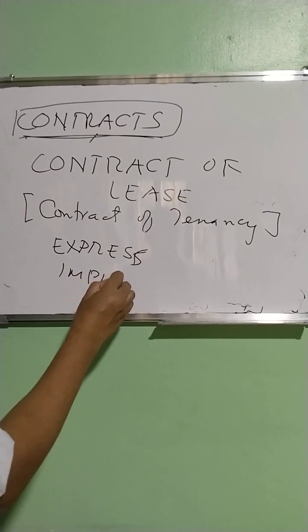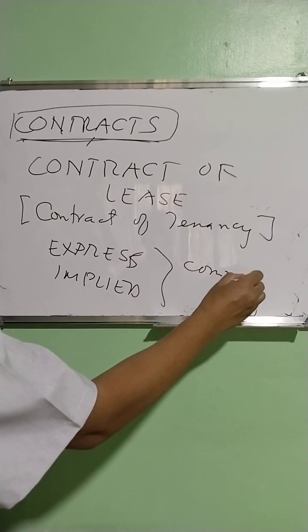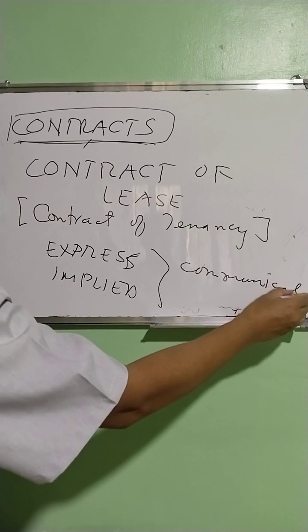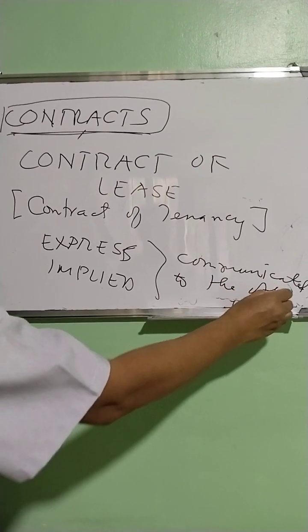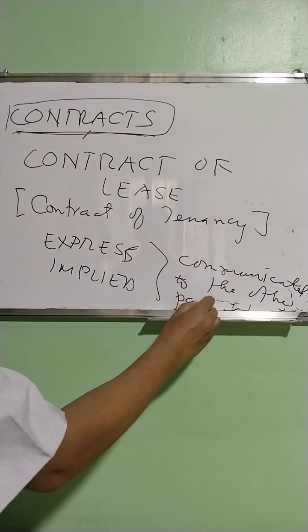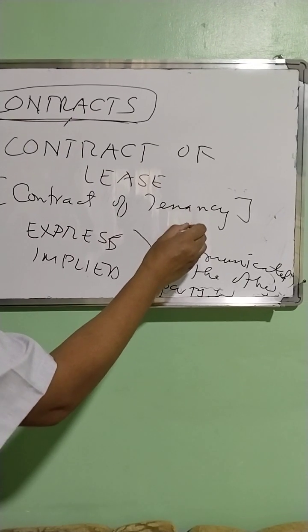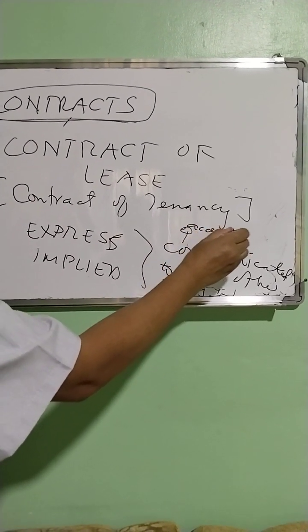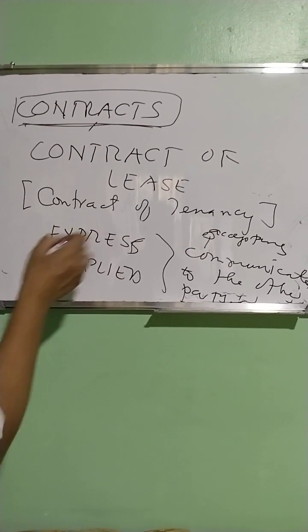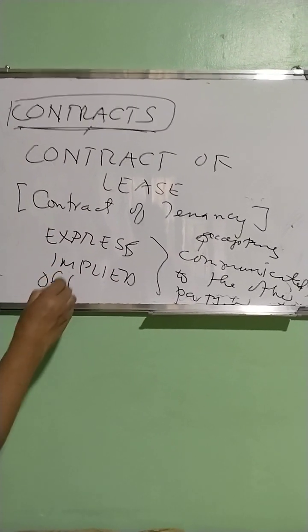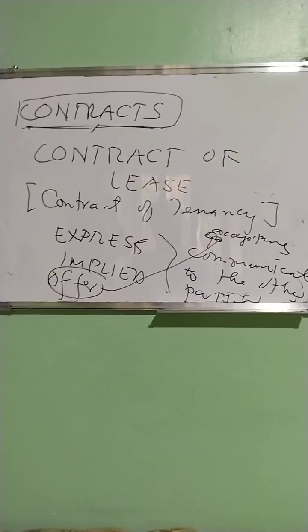But of course, the consent should be communicated to the other party, so that the other party will give his acceptance. The offer has to be accepted by the other party.